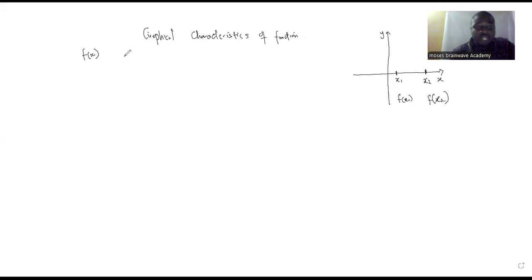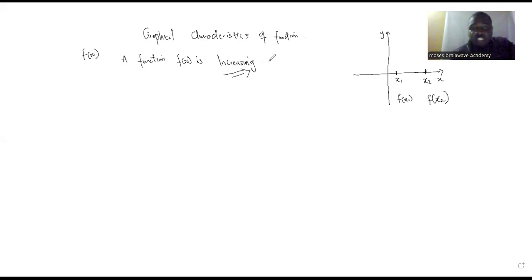Now, you can clearly say by definition, a function f of x is increasing if it meets some conditions, right?